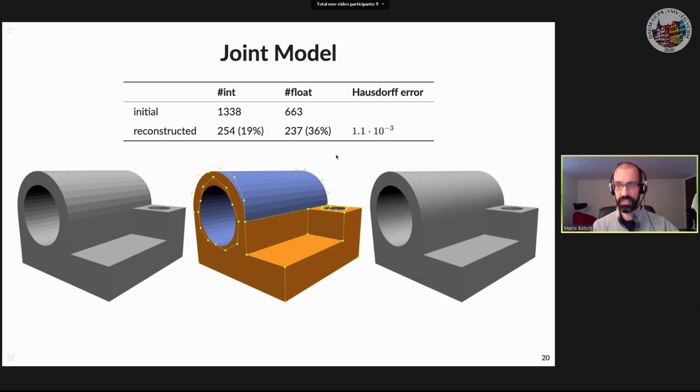The important part is that the Hausdorff error is within reasonable bounds, and it's bounds that the user can prescribe. So for the segmentation part, we have an error threshold, and we use more and more patches until the error threshold that the user prescribes is met, and this was something like 10 to the minus 3 for the models I'm about to show you.